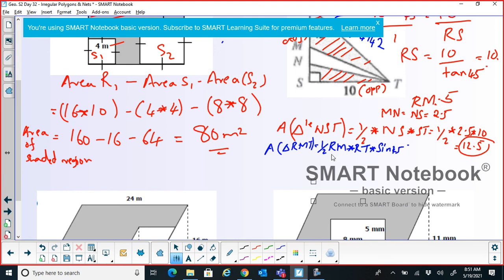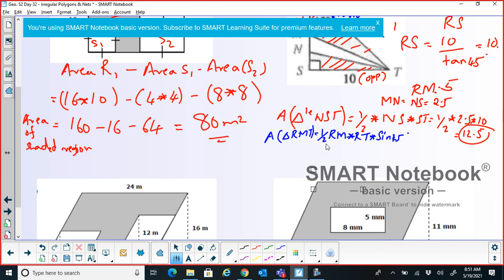We already have the values: we found RM equals 5, RT we found as square root 200, and sine 45. So we can just substitute that. Half of 5 times square root 200 times sine 45 degrees. Just substitute this in the calculator, and you will get the area of triangle RMT.